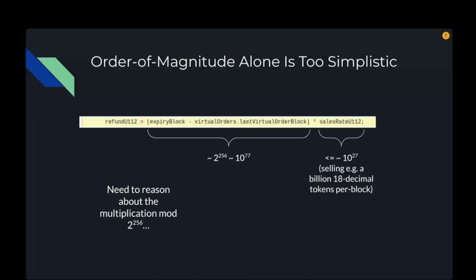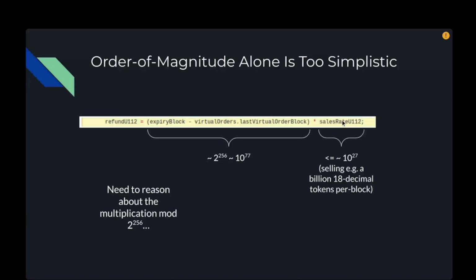Roughly a billion blocks is hundreds of years, and a billion is tiny compared to 2 to the 256. So that's always going to be about 10 to the 77, which is a number I recommend memorizing if you do a lot of this kind of analysis. 2 to the 256 is about 10 to the 77.